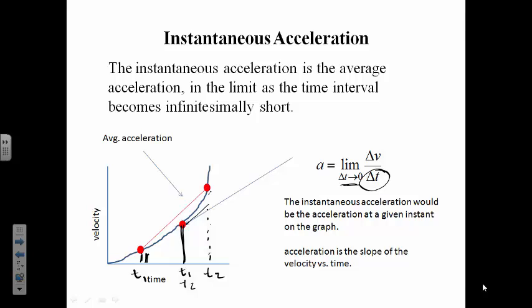Again, if we take a line tangent to the point, that would be the slope at that point, and the slope of the velocity versus time curve gives you the instantaneous acceleration.